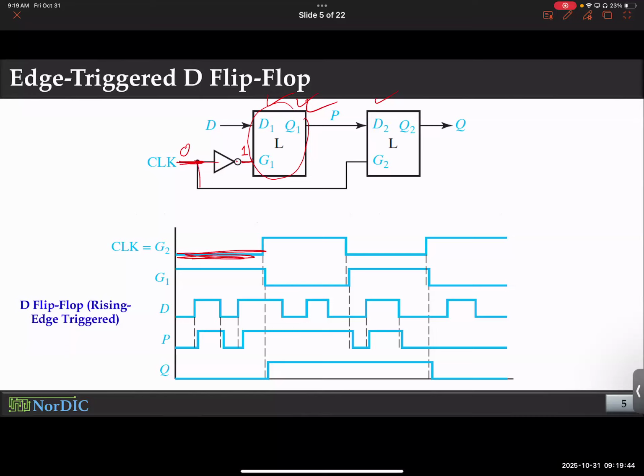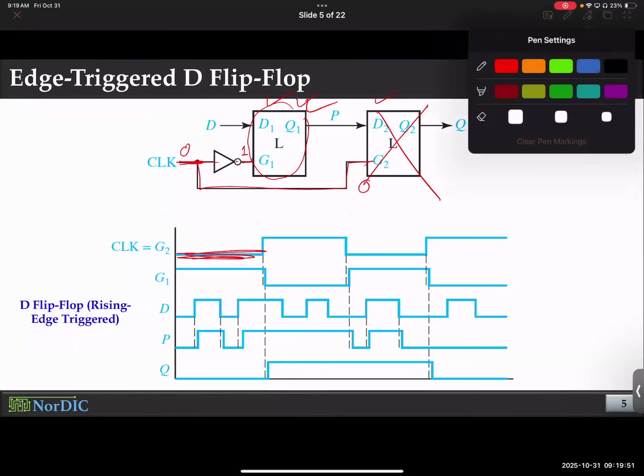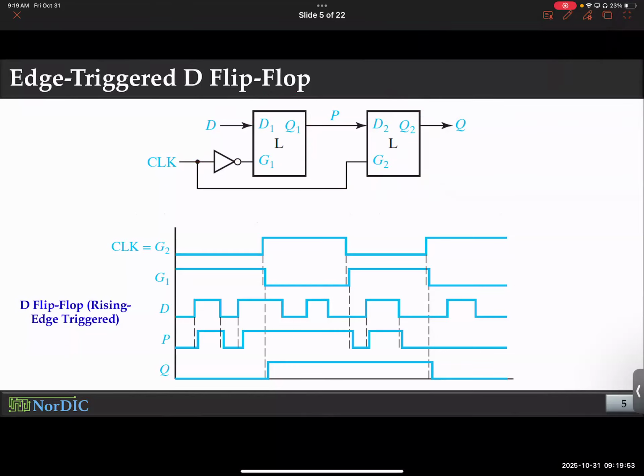But the other latch gets 0, so it doesn't work. So your latch essentially sends the data to the output up to this point. So P becomes Q, but nothing happens to the next stage because it is inactive. For the same level of the clock, the second stage is inactive and the first stage is active.